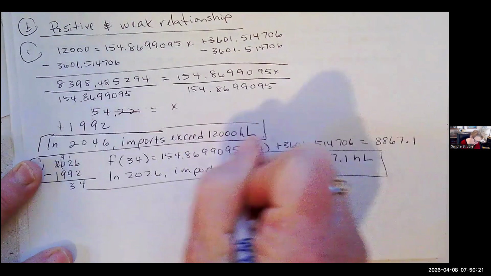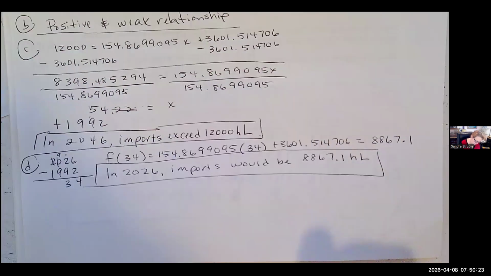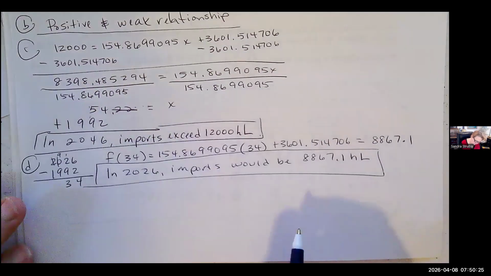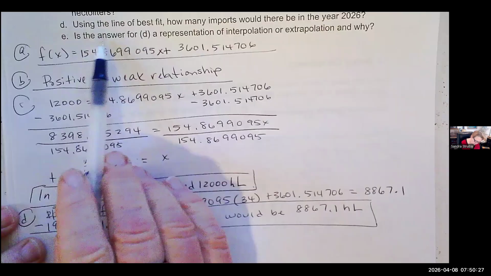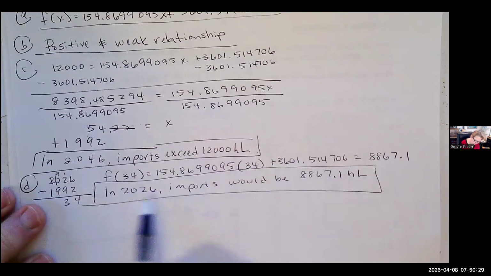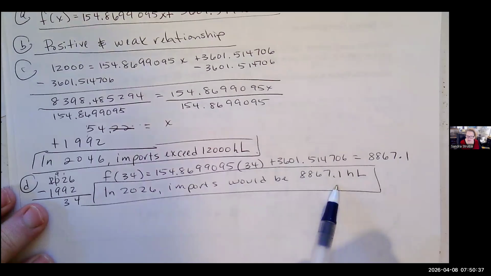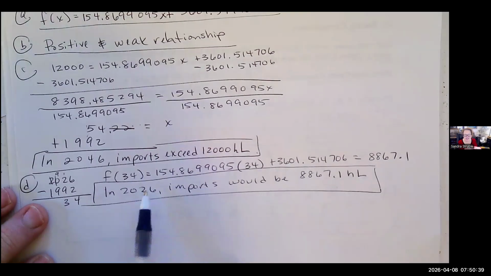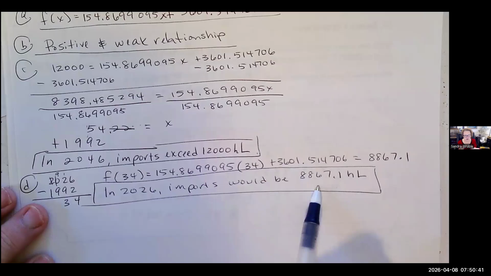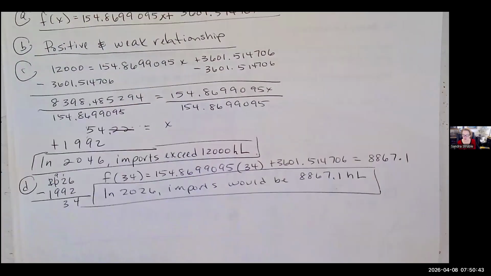Okay. The next question is, is the answer for D a representation of interpolation or extrapolation, and why? Well, you need to look at a couple different things. Just looking at 2026 or just looking at the 8867 is not going to tell you whether it's interpolation or extrapolation. You need to look at both.